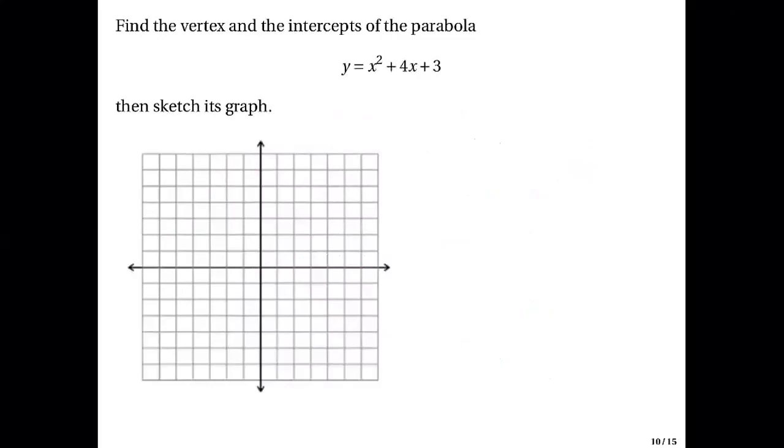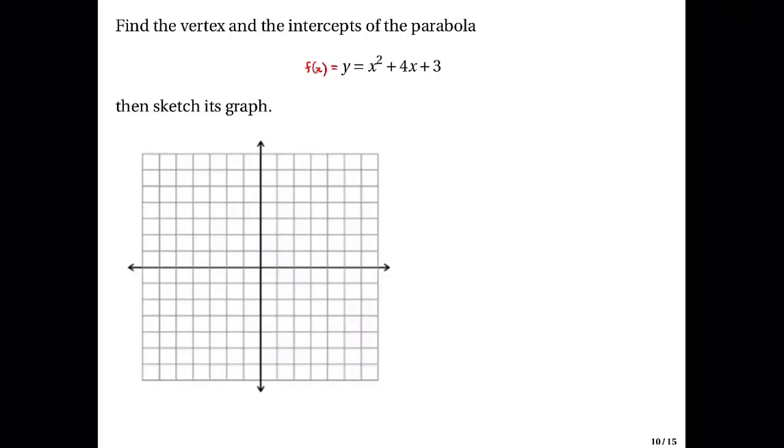Next problem here. Find the vertex and the intercepts of the parabola y equals x squared plus 4x plus 3. Then sketch its graph. Okay? So to solve this, we can let this guy here to be our f of x.